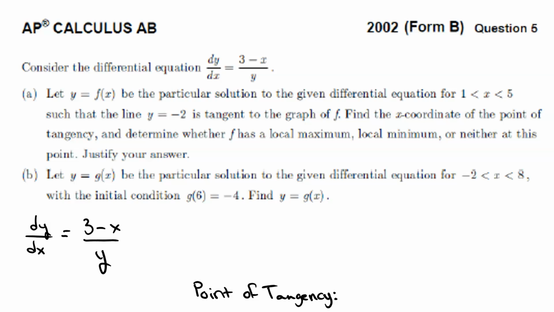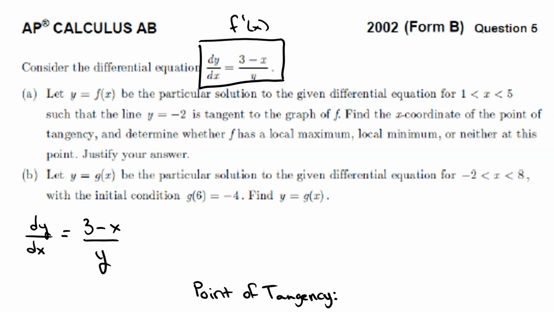So let's go ahead and identify our differential equation, the equation for the derivative. So consider our differential equation, 3 minus x over y. So this is the same as saying f prime if we were to write it in our other notation, all right?